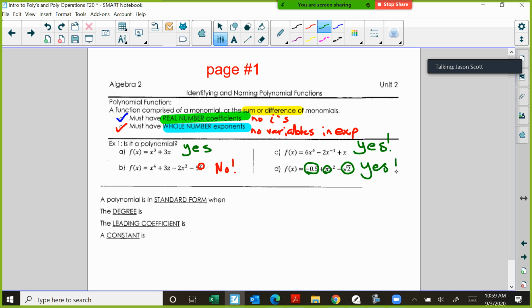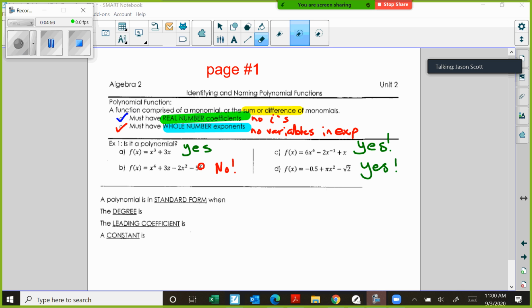So we're good to go there. So we have 4 different examples. We got a no there because the x as an exponent is not a whole number. So that is how we tell if it is or is not a polynomial.